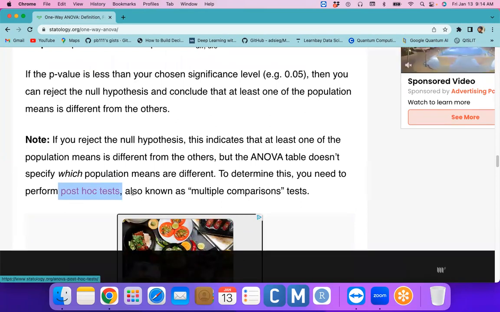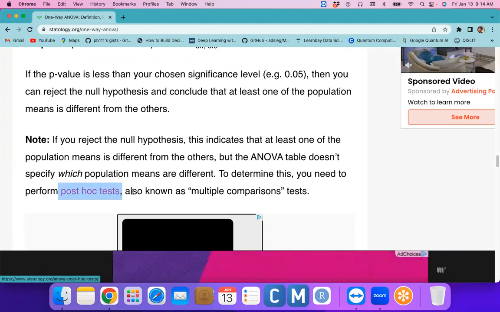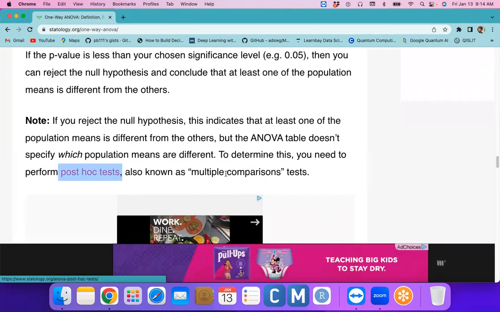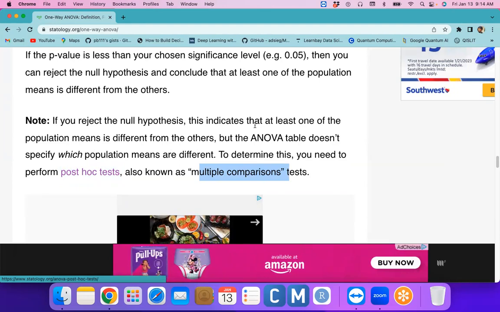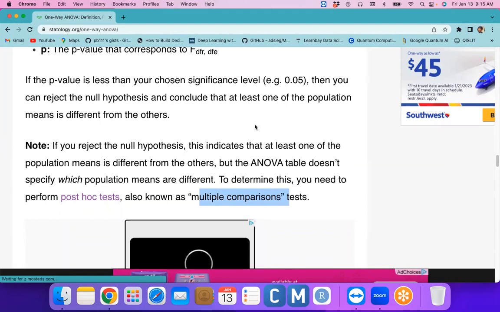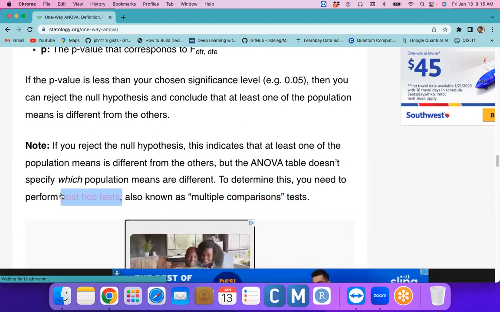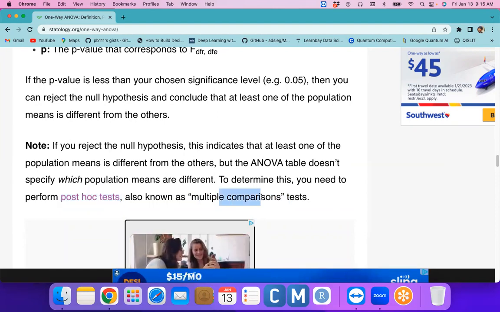This test will help you find which group mean differs from your population mean. This is also known as the multiple comparison test. So when you're doing ANOVA, you're just concluding that all population means are not the same, but if you want to know which group population differs, then we can use the post hoc test or multiple comparison test.